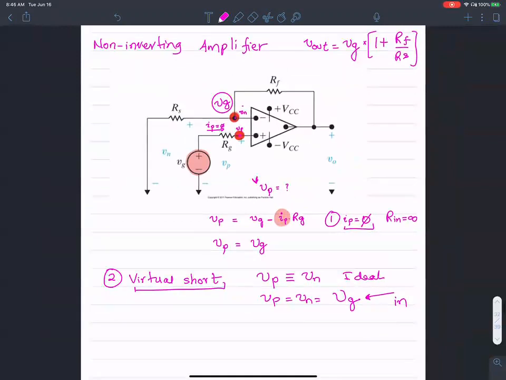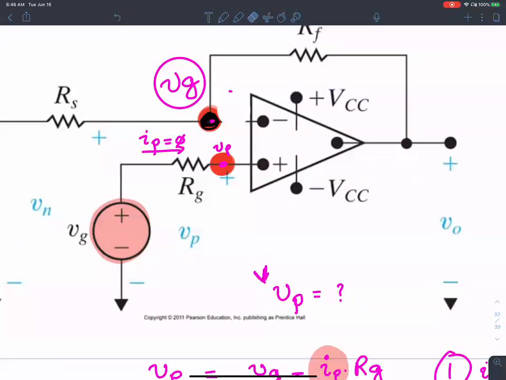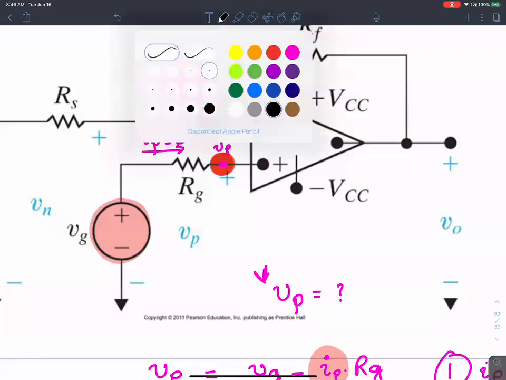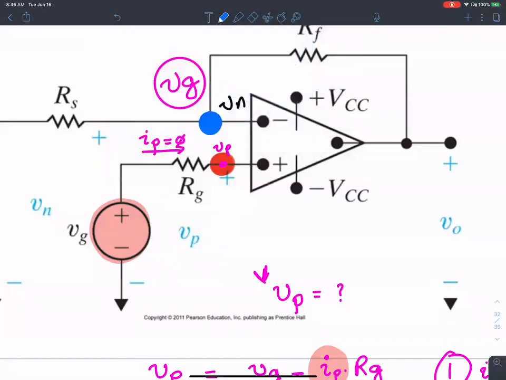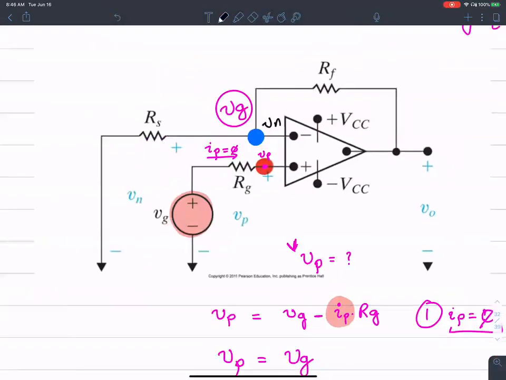Now we are ready to do the KCL. Okay, KCL at node Vn. That's this guy. Okay, that's Vn, at this node right here. Make sense? Okay, let's do the KCL at that node. All we have to do is to look at the currents leaving this node.